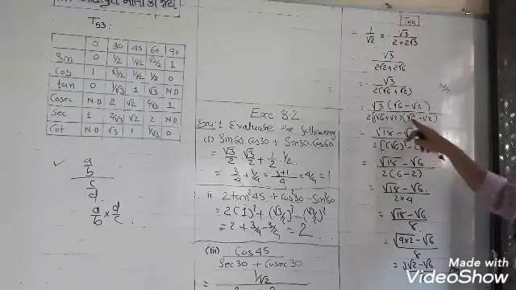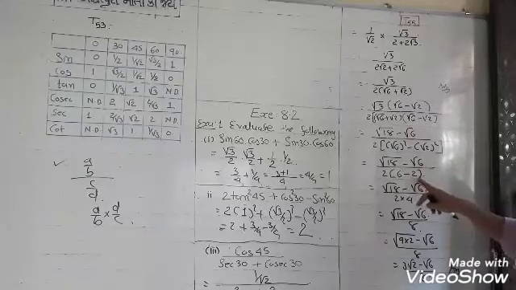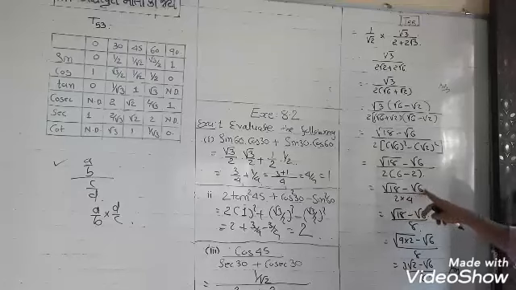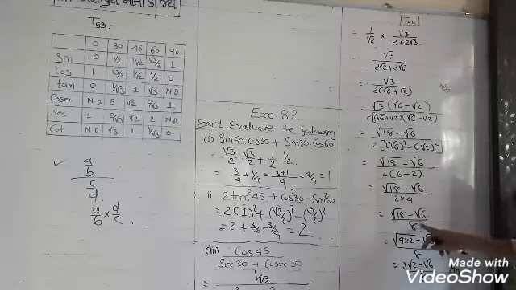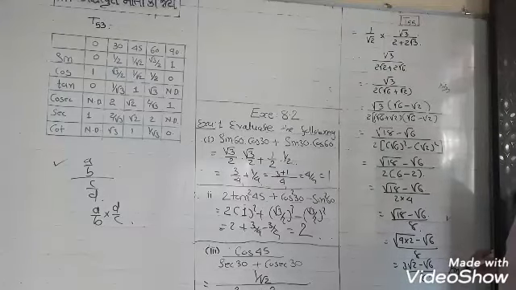A plus B, A minus B gives A square minus B square, 6 minus 2. Root 18 minus root 6 upon 4, which is 4. That is also sometimes okay.